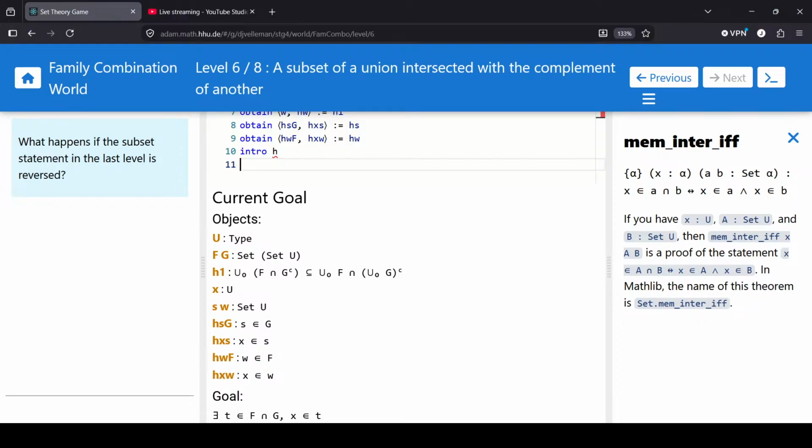Is there a way I can introduce the complement of G somehow?